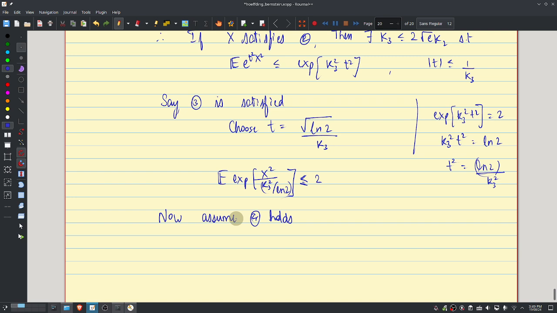No finite value would give me the right hand side equal to 1, so it has to be greater than 1. You can choose it to be any other constant. I could choose it to be 1.5, I could choose it to be 1.1, doesn't matter. So in that sense, 2 is kind of arbitrary. But that's not so important. It has to be greater than 1. That's the only restriction.